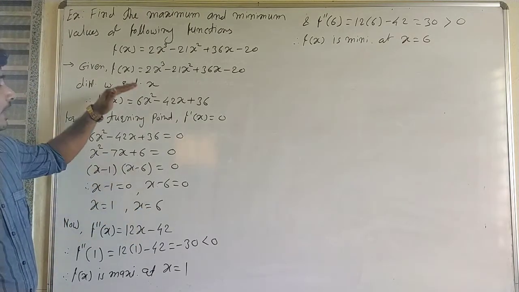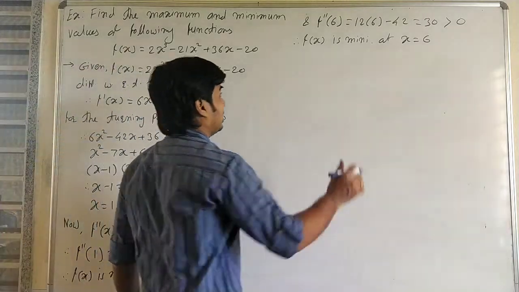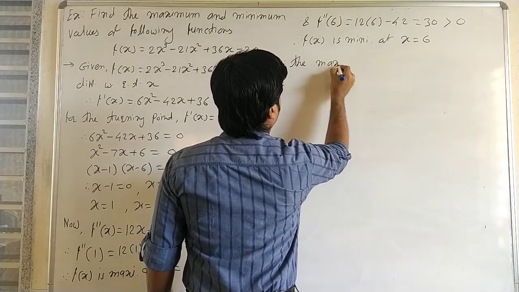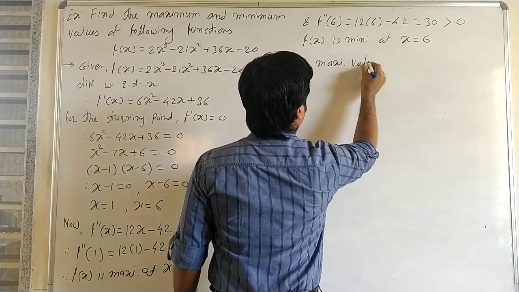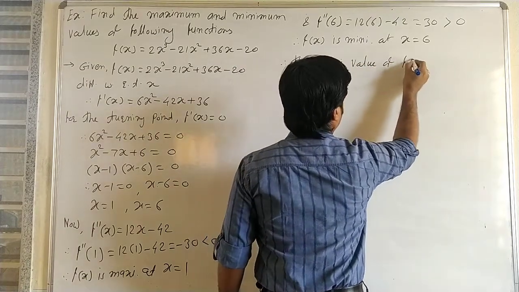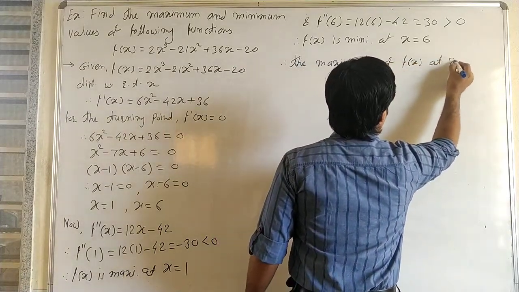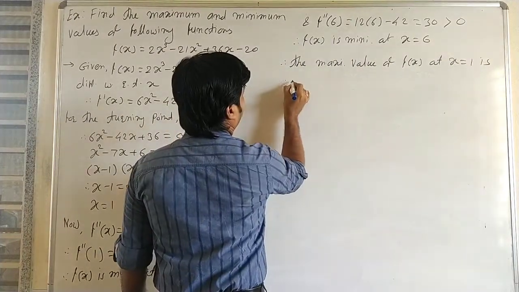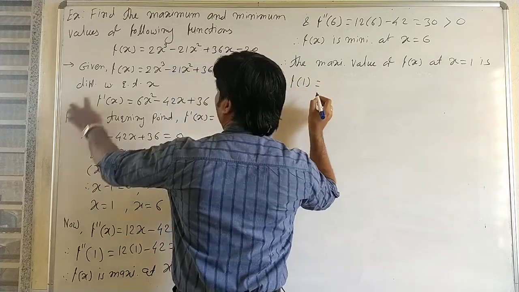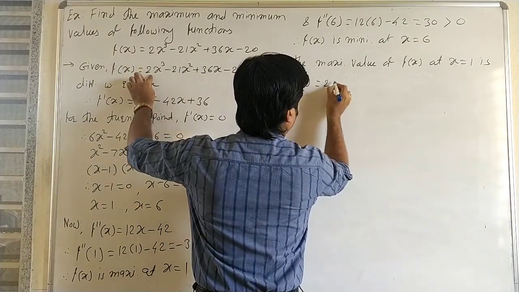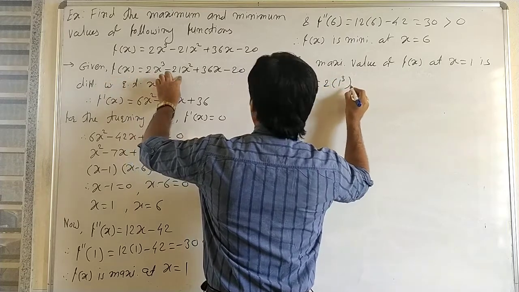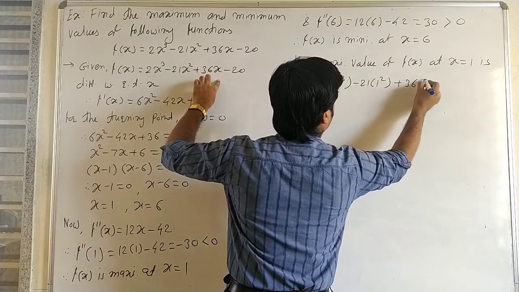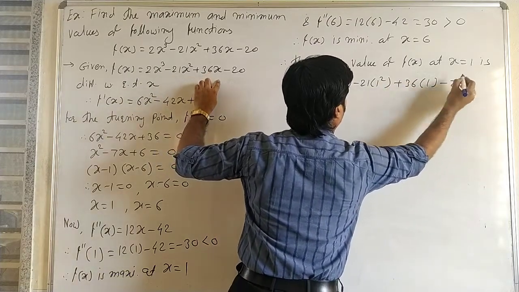Now we find the maximum and minimum value of f of x. Therefore the maximum value of f of x at x is equal to 1. Therefore f of 1 is equal to 2 into 1 cube minus 21 into 1 square plus 36 into 1 minus 20.